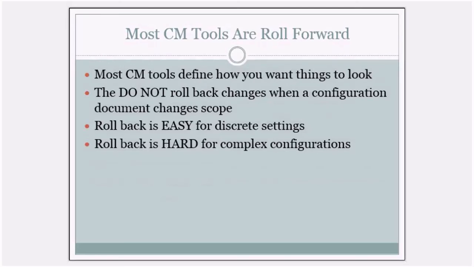So, I talked about rebuilding nodes if something went wonky, or where we might have a production issue, or maybe a drift of some sort that we weren't accounting for. One of the things with configuration management tools is that they are roll forward. You declare a state that you want it to get to, and it will get there. If I want a default website to be running on port 8081, it will get it there.